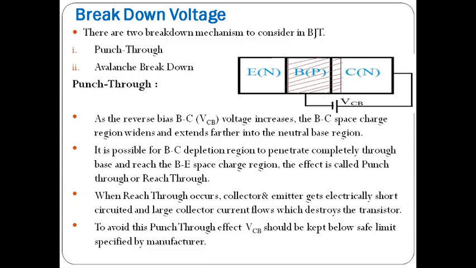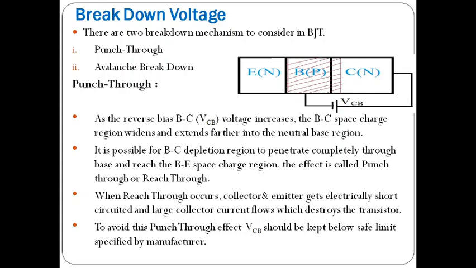We need to consider one more thing, that is the breakdown of the BJT junctions, collector and emitter. Here we will discuss the breakdown voltages. What are the different mechanisms? Like our PN diode, here also we have two different mechanisms in the BJT: punch through, or reach through, and avalanche breakdown.